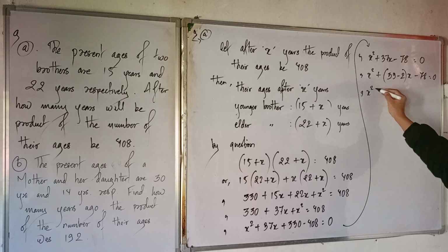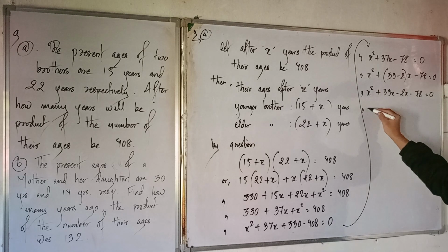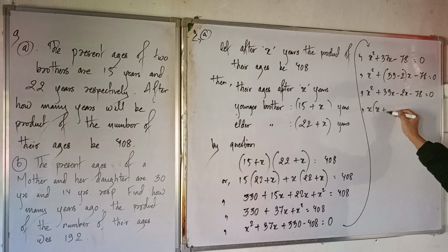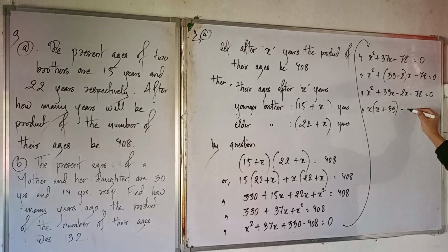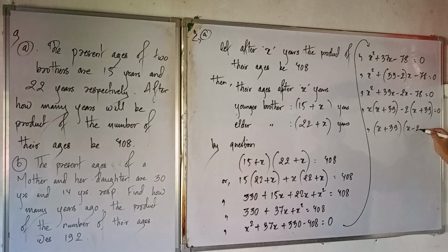Now just open the bracket: x squared plus 39x minus 2x minus 78 equals 0. Take x common from the first two terms and minus 2 common from the last two: x plus 39 times x minus 2 equals 0.